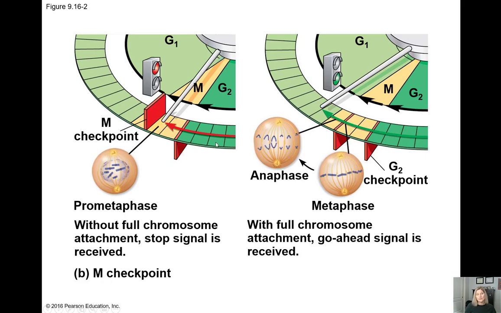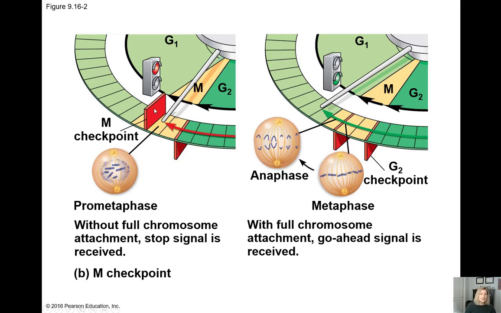So that G2 checkpoint basically stops the cell and just double checks that everything is in order, that the DNA has replicated correctly and the cell has enough to divide. So it's got the centrosomes that have duplicated, it's got enough Golgi apparatus for 2 cells and so forth. So if that signal has passed, then it undergoes mitosis.